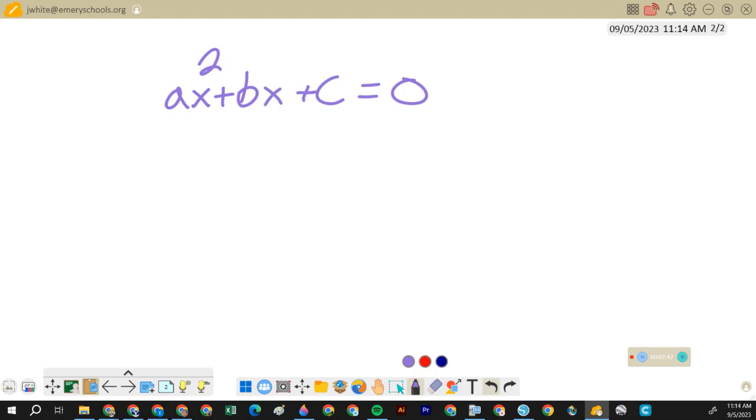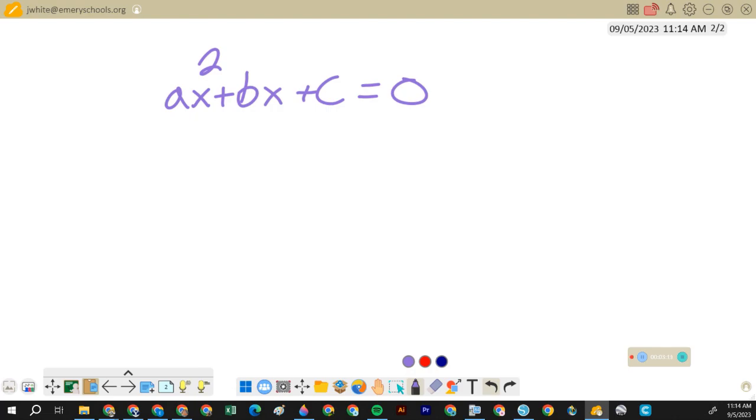So I need to make this quadratic have a leading coefficient of 1. What is the leading coefficient right now? It's a. Is a equal to 1? We don't know. It could be. Hopefully it is. But how can I guarantee that the leading coefficient is 1? Divided by itself.